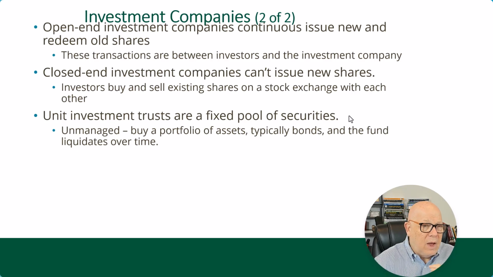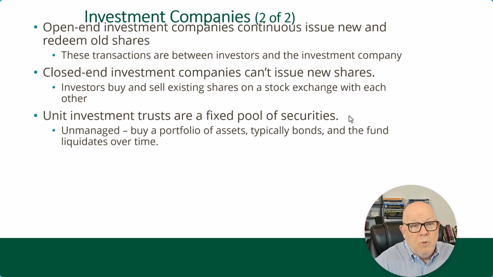Occasionally, they may downsize and redeem a bunch of shares because maybe the investment prospects are not that good. Typically, a closed-end investment company has a fairly narrow investment objective and often is not designed to be permanent. They might buy a portfolio of bonds and then over time plan on when those mature is closing up the company.